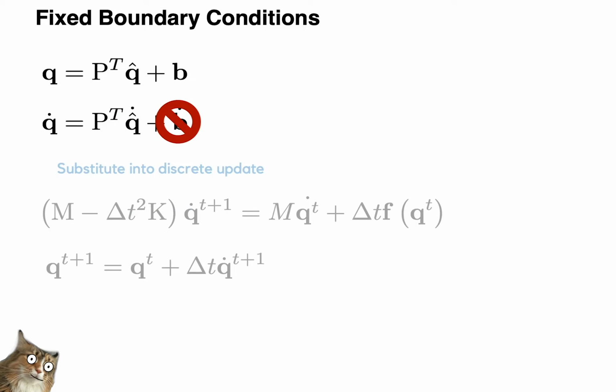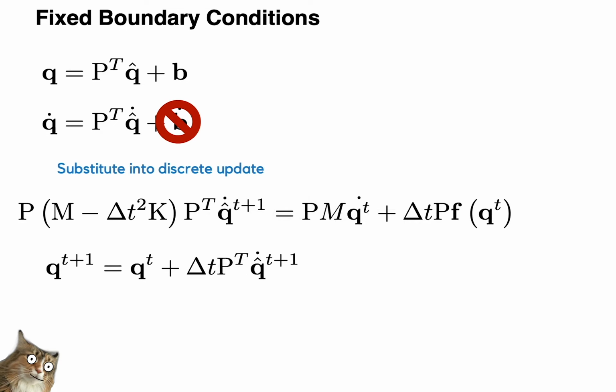Finally, we need to build these constraints into our time integration scheme. Direct substitution of our formulas for q and q dot gives us the following new update equations. Here we're going to use the selection matrix P to project out equations related to fixed points in the mesh.